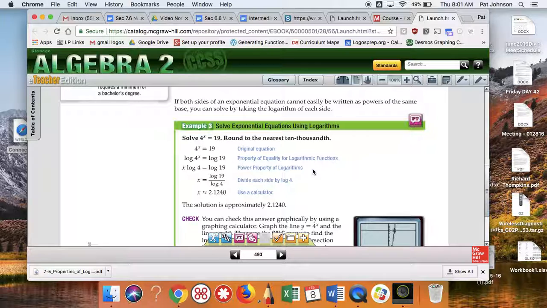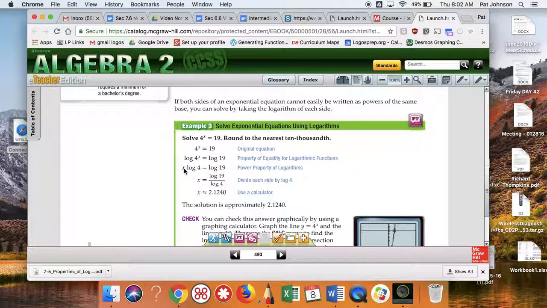Now, if both sides of an exponential equation cannot easily be written as powers of the same base, remember, if we have the same base, then we could solve for x. But here they don't. 19 is prime and 4 is 2 squared, so you will never have the same base. So we can take the common logarithm of both sides and use our properties of exponents. Here we use the power rule, so we move that x from the exponent to the front. So x times log 4 equals log 19.